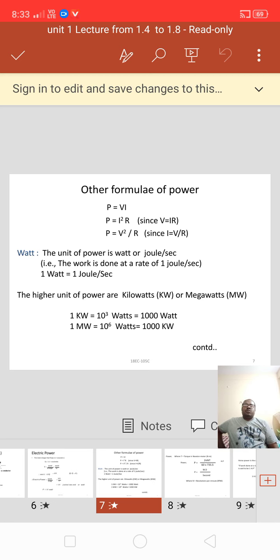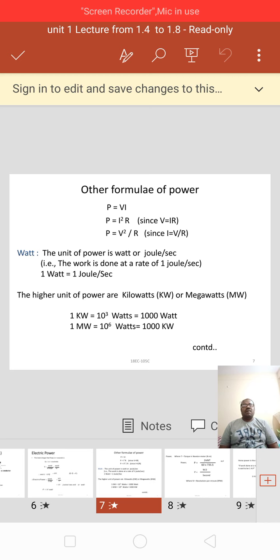Another higher unit of power is MW, that is megawatts. That is 1 MW equals 10 power 6 watts. Mega means 10 power 6. We use that value here.